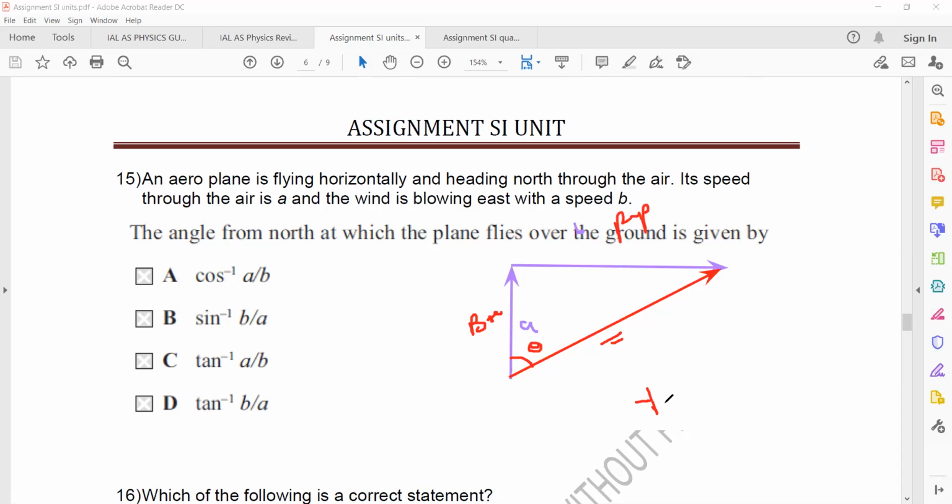So tangent theta is perpendicular over base. So the perpendicular equals B and the base equals A, and it will be tan inverse of B by A. So D will be the answer. Is it clear? Any doubt related to this?